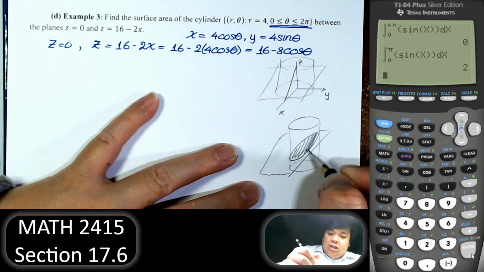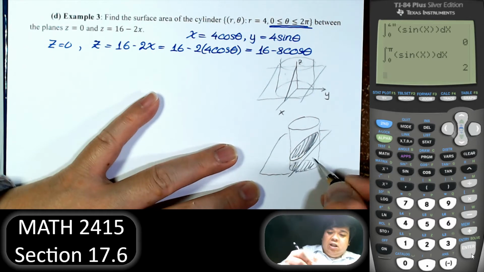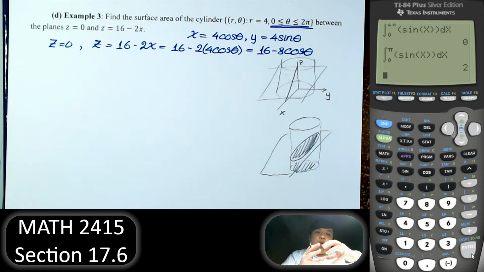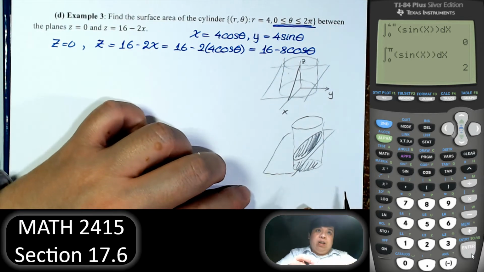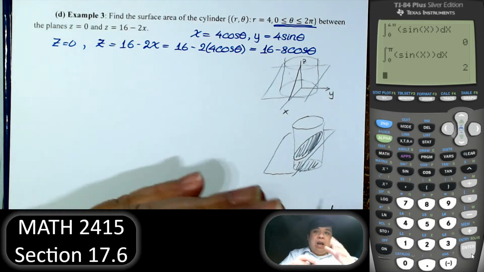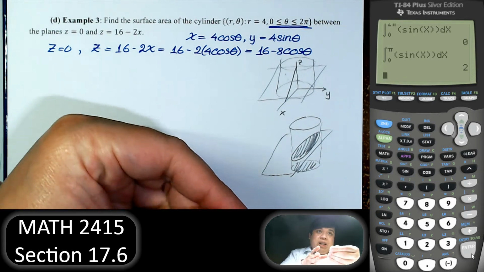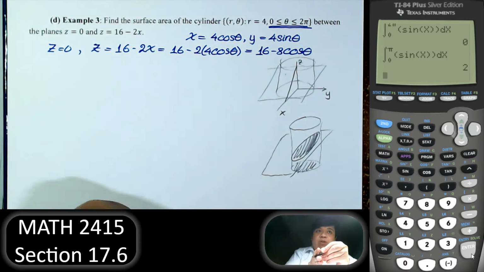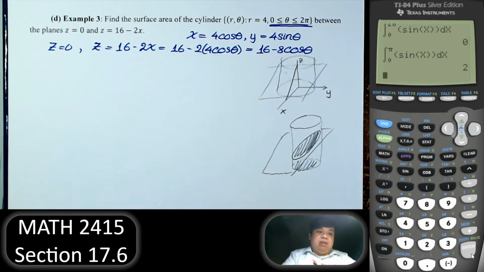So the top is that, the bottom is this. It's just like we have a tube, like a straw, and then we cut it, but not perpendicular to the straw. We cut it at an angle to the straw, and that's what we have here.